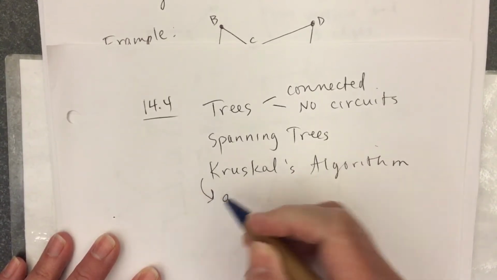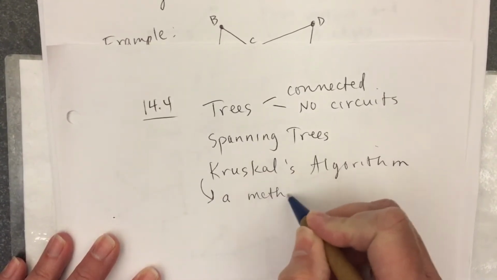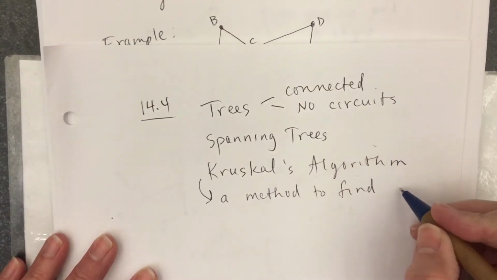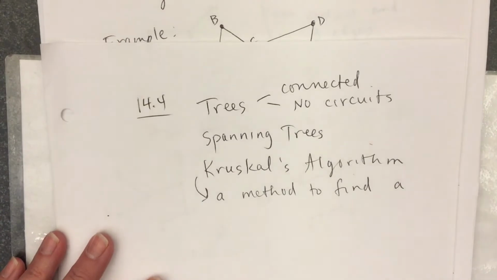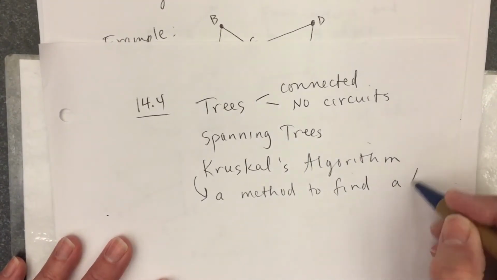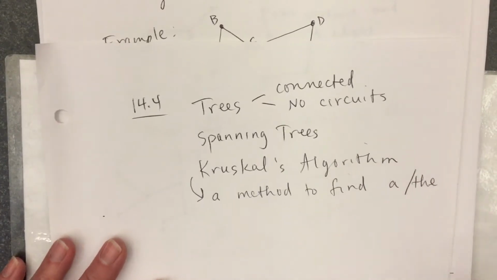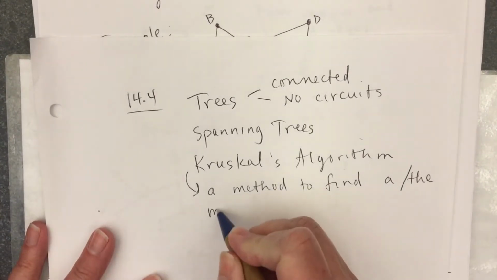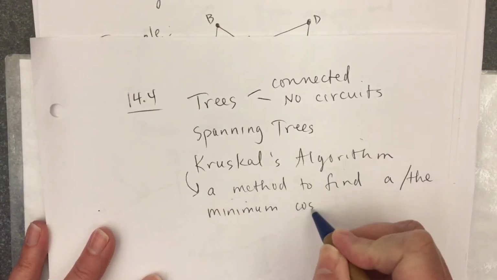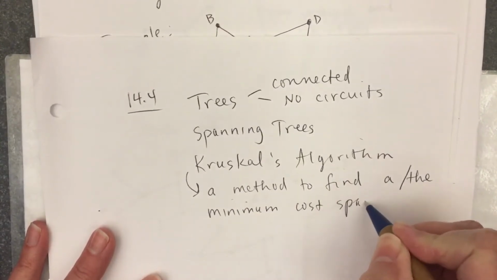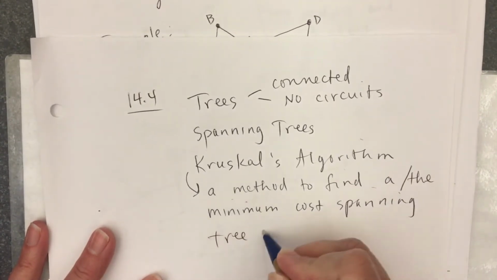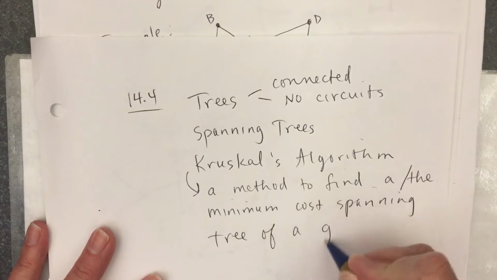Kruskal's algorithm is a method to find a, or the word the might fit. I'll put a/the minimum cost spanning tree of a graph.